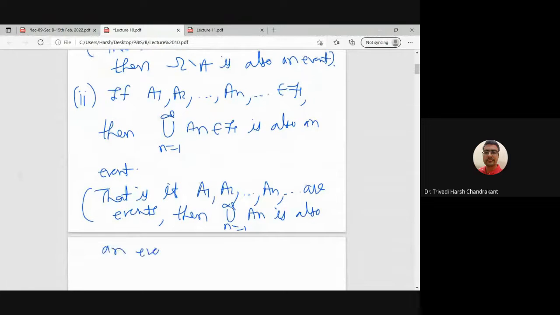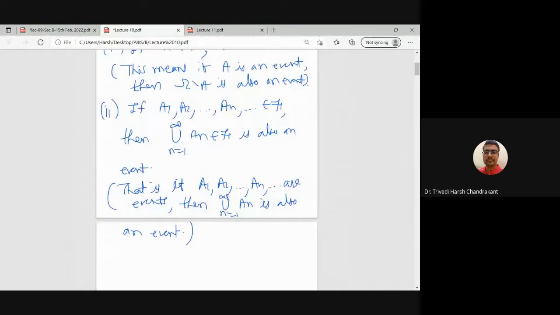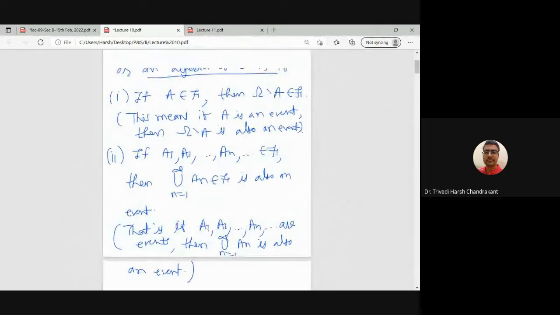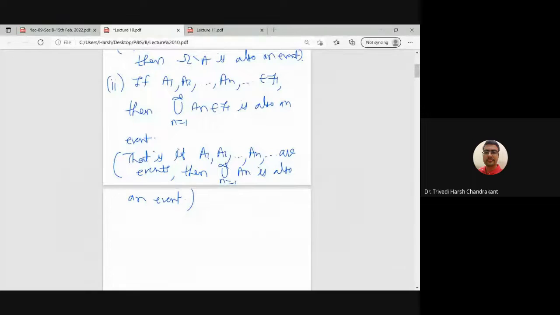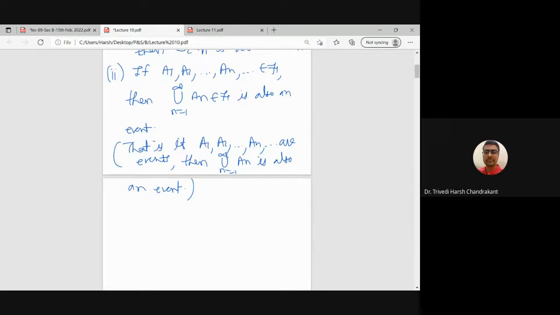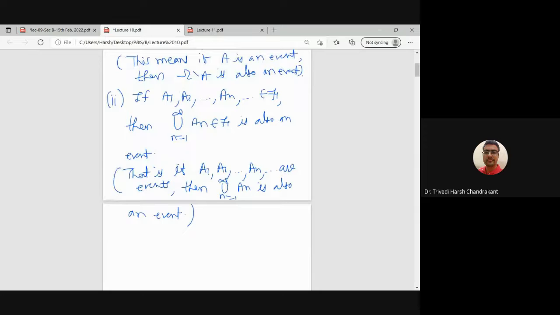Any collection means itself a set, right? Any set consisting of subsets of omega, that we are calling the family F. The notation, you can write anything. If you want, you can write this F also. I'm just writing this F, because it is a collection of subsets, so we need some different notation, right?